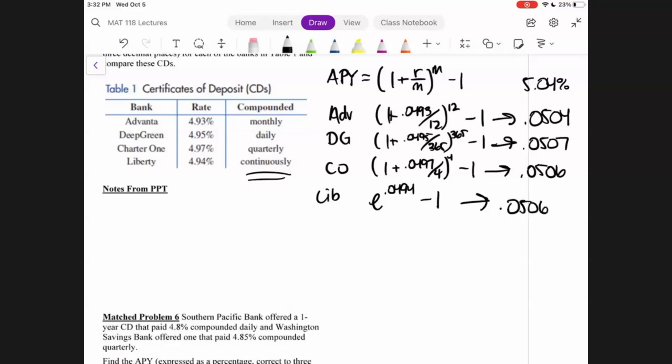So we see that continuous isn't as good as daily. And it just so happens that one tiny 0.1% makes all the difference. Okay, so in this one, I would go with Deep Green.